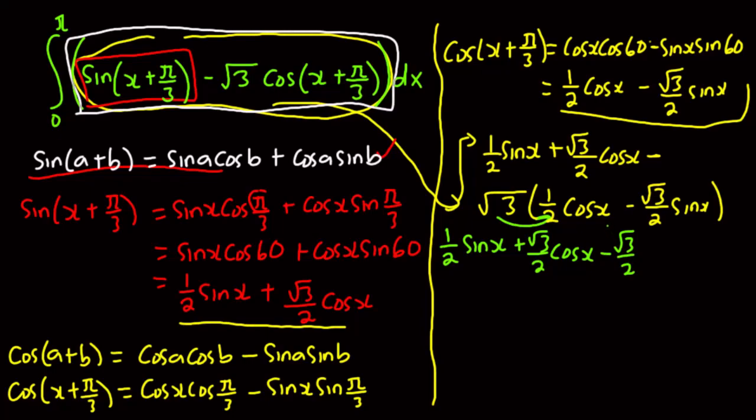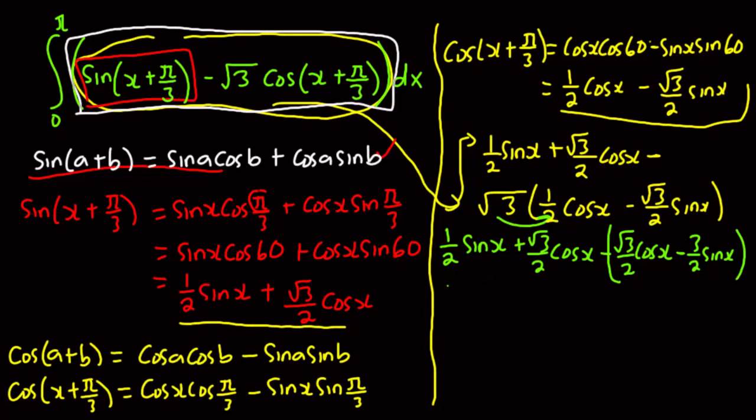So let me put all this in bracket. So root 3 over 2 cos x, then the root 3 times root 3 over 2 gives 3 over 2, because root 3 times root 3 is 3. So this multiplying that gives minus 3 over 2 sine x.